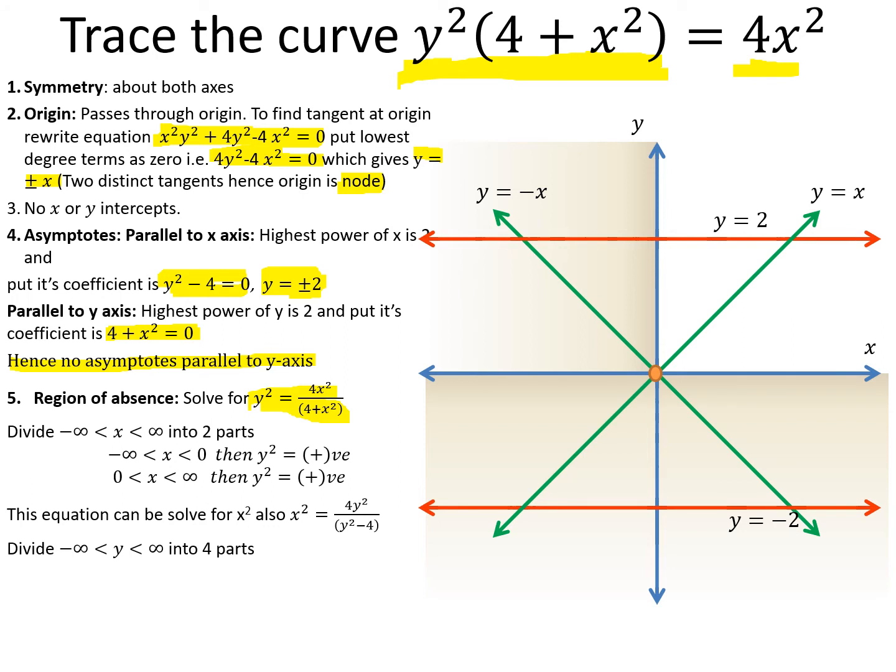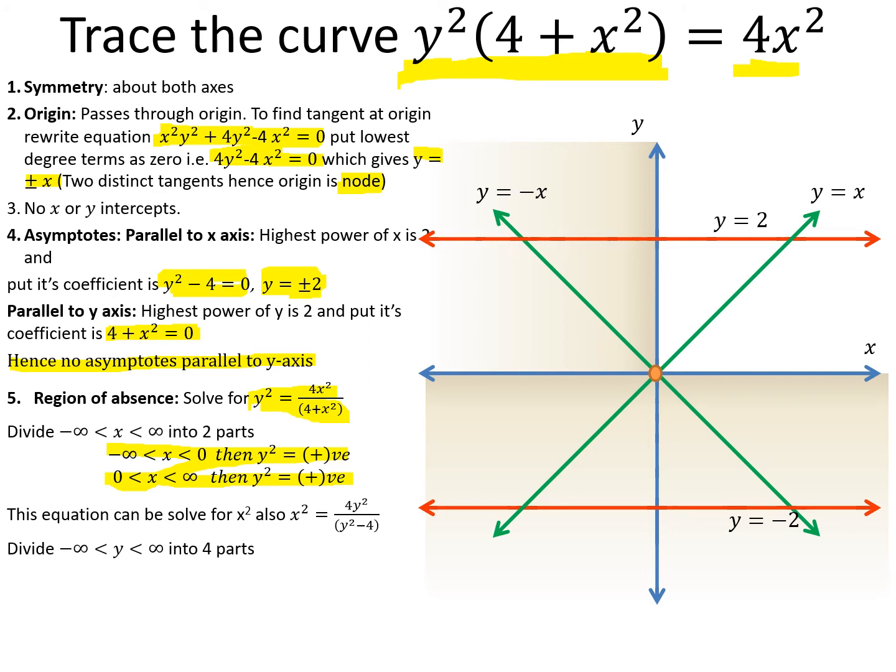So minus infinity to infinity will divide into two parts, that is minus infinity to 0 and 0 to infinity. Now you can easily check for both, you will get y square as positive, because x square is always positive, hence y square is always positive. That means curve exists for all values of x, minus infinity to plus infinity.